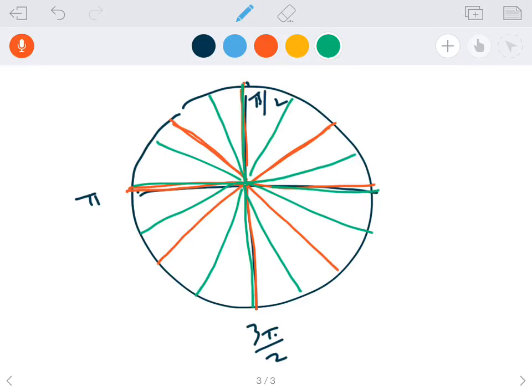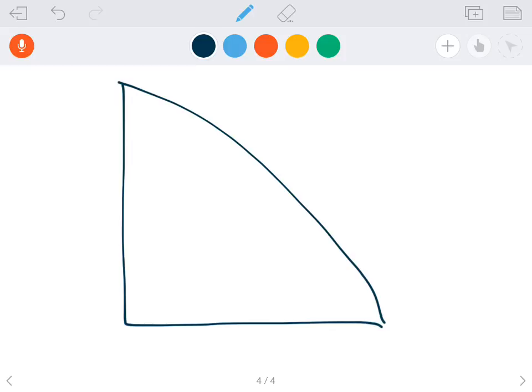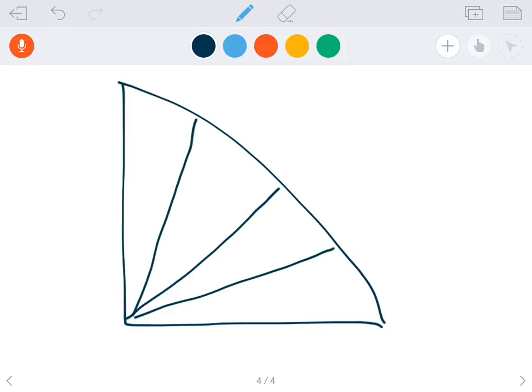Nice and convenient. Now let's zoom in and look at the first quadrant. So there's my pi over 2, here's pi over 4, pi over 6, and pi over 3. And what we want to do now is label the coordinates for all of these. So I'm just setting up my brackets for my coordinates.